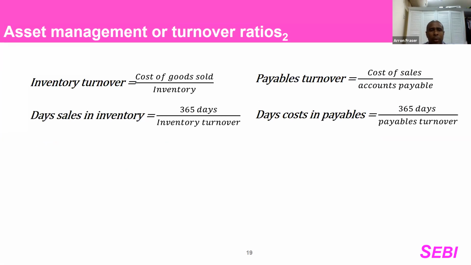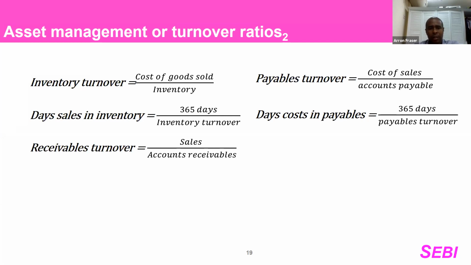So it shows how many times the inventory that you've invested in is turning over in a year. Then you have the days sales in inventory. Here you take 365 days divided by the inventory turnover, and it essentially says this is the number of days that my total inventory will take to sell out, and then I replenish and it takes that long to sell out again, in layman's terms.